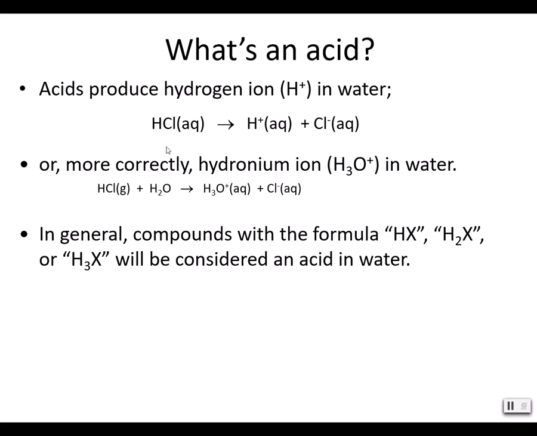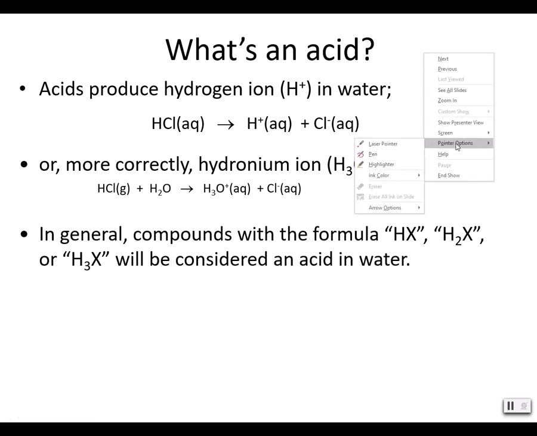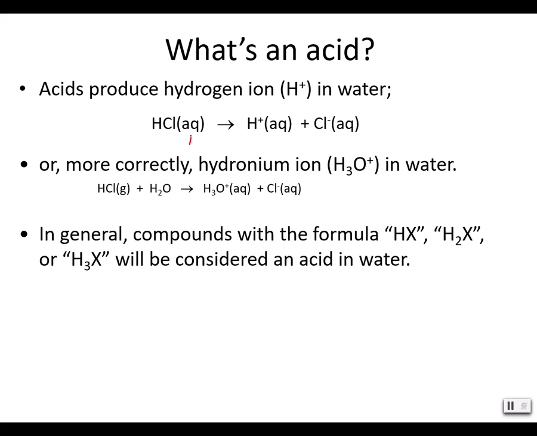How do you know if it produces hydrogen ion in water? You will see the symbol AQ, which stands for aqueous. That means that that species, when it dissolves in an aqueous environment, specifically water, will produce hydrogen ion.